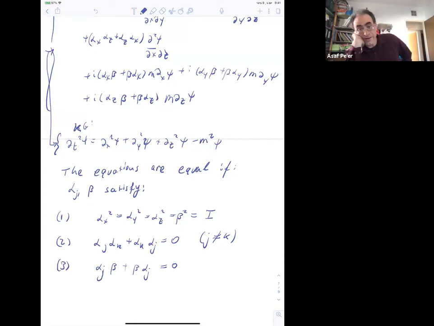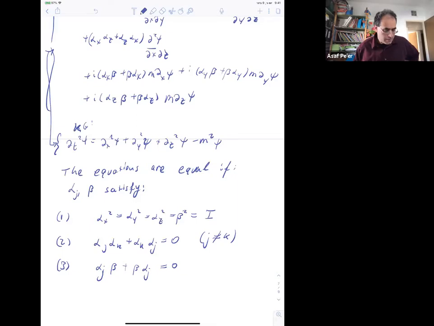So the fact that they need to obey these anti-commutation relations means that alphas and betas are not simple numbers. There are some objects that are constant, but they're not numbers, right? Now the simple mathematical objects that can obey such commutation relations are matrices.